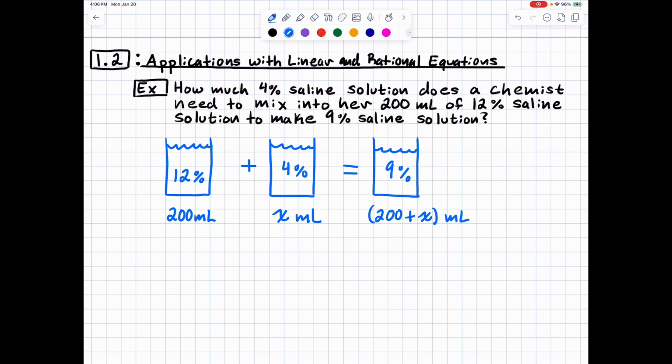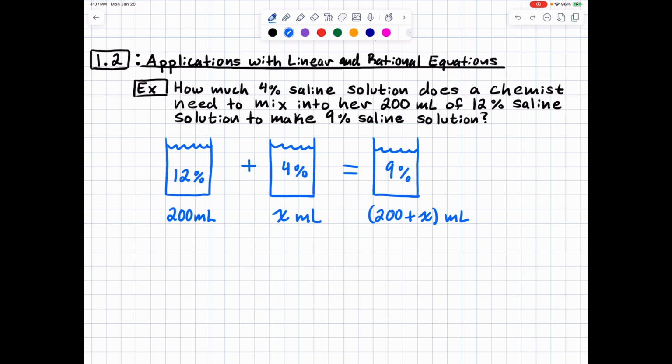Do you see here? I have 200 milliliters of 12% saline solution, and I'm adding X milliliters of 4% saline solution. Since I have 200 already and I'm adding X, I'm going to end up with 200 plus X. And our goal is 9% saline solution.